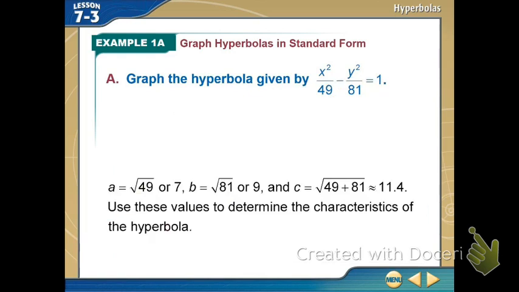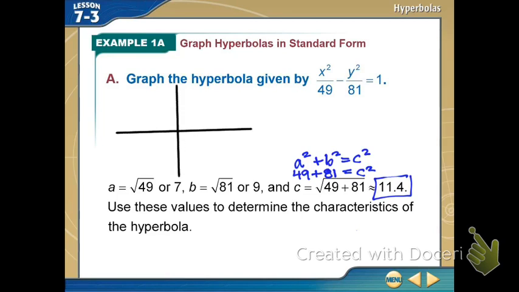Okay, so now that I have a is 7 and b is 9, I need to find the focal length. Remember, the equation for the focal length is a squared plus b squared equals c squared. So I'm going to get 49 plus 81 equals c squared, and solve for c, and I get 11.4. So again, I've got 11.4 for my focal length.